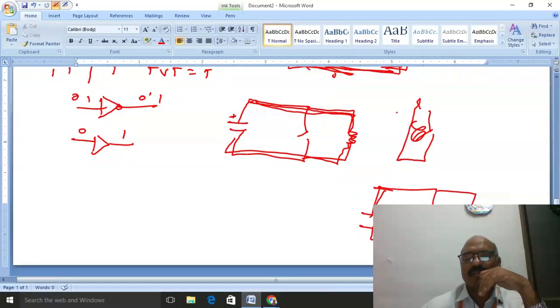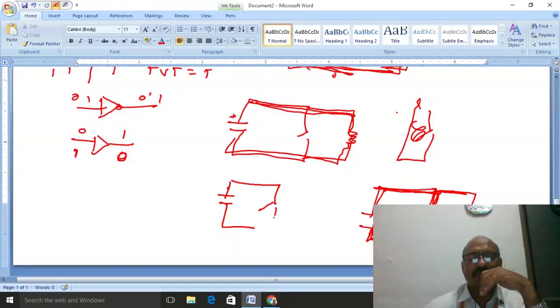Because of the resistance of the bulb, one more closed circuit is there. The electricity supply goes in this way. The electricity does not go in this direction, it is supplied only in this way. So when we close the switch, the bulb is off. So this is the basic circuit of the NOT gate.